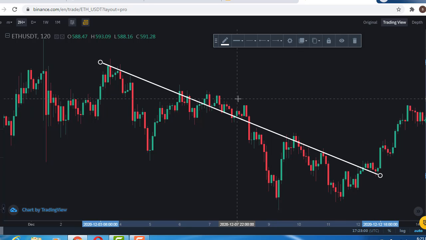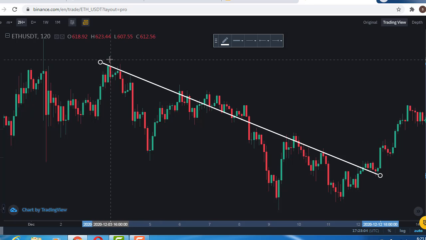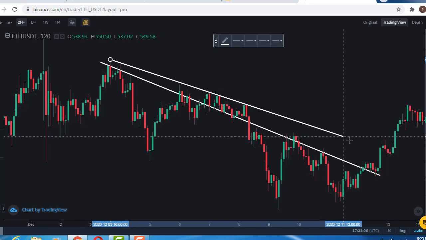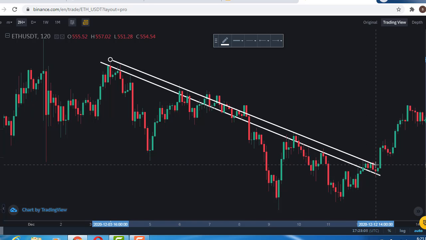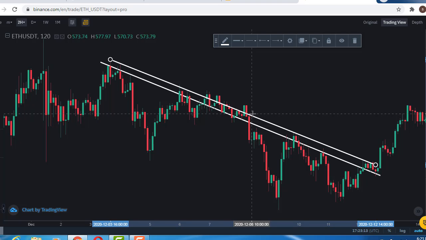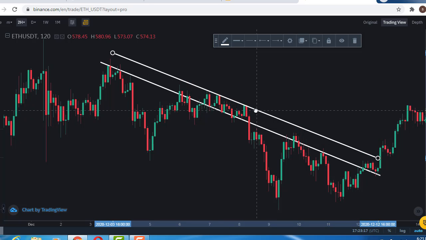Trend line as an area, that's a zone. And so draw another one here. Now, after drawing, you then adjust the trend line to fit into what you want.